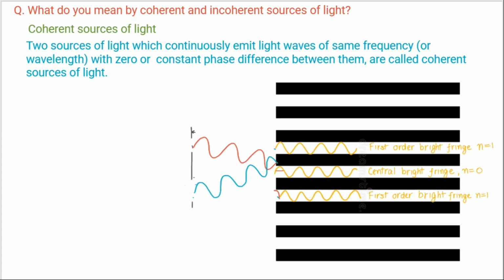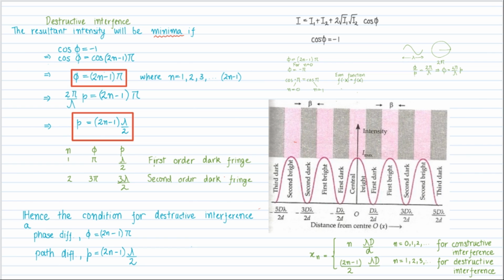Now in this case, what you'll notice is that the light coming from the slit S1 and the light coming from slit S2 have the same frequency, or I can also say they have the same wavelength. The only difference is that you have a phase difference between the light waves coming from your slit S1 and your slit S2, and the phase difference is an odd multiple of pi.